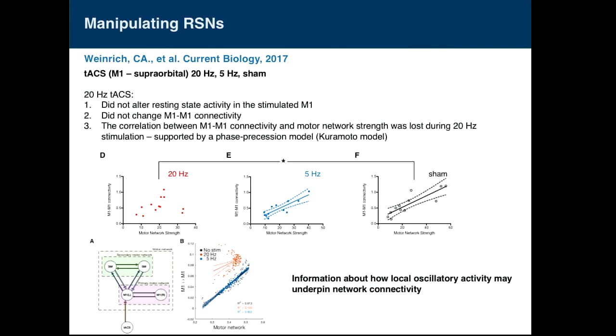So they show that the model indeed explains this absence of correlation during the 20 Hertz condition. And this can start providing us also additional information on how local oscillatory activity might underpin network connectivity. So how by changing local entrainment in M1, you have an effect that modifies networks that are related to M1.